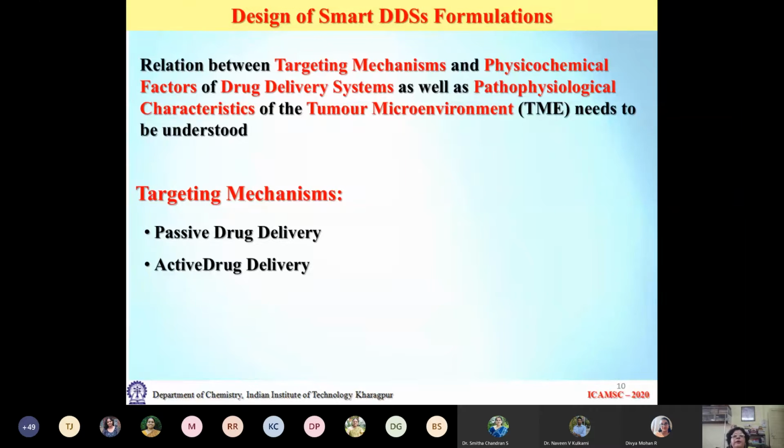Tumor microenvironment we had discussed in the beginning itself. It is important to know how the environment is. That is how we target the delivery system. So it is important to know how this tumor environment, the path through which it moves, and the physiological factors of the drug delivery system interact and are related to the mechanism of delivering or targeting the drug.